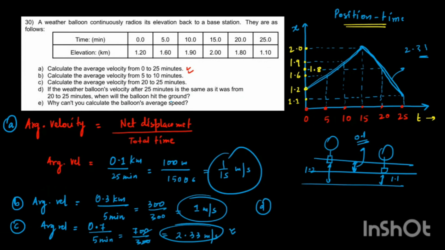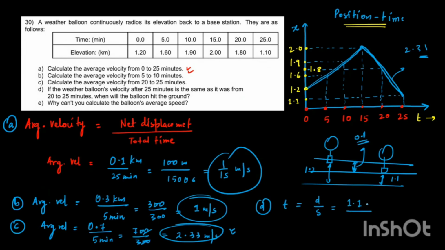So how much time will it take to hit the ground? We have to calculate time. Time is nothing but distance upon speed. How much distance does the balloon have to cover in order to reach the ground after 25 minutes? 1.1.